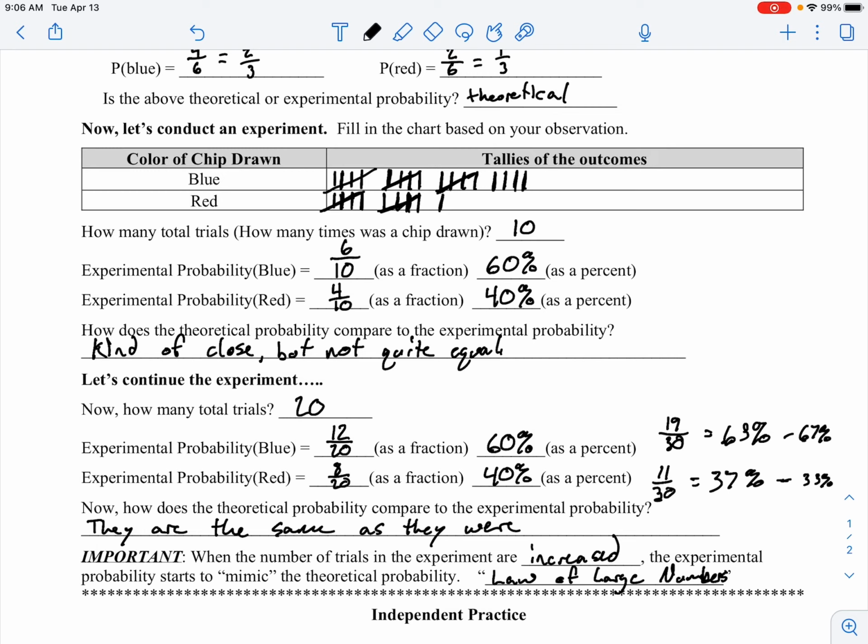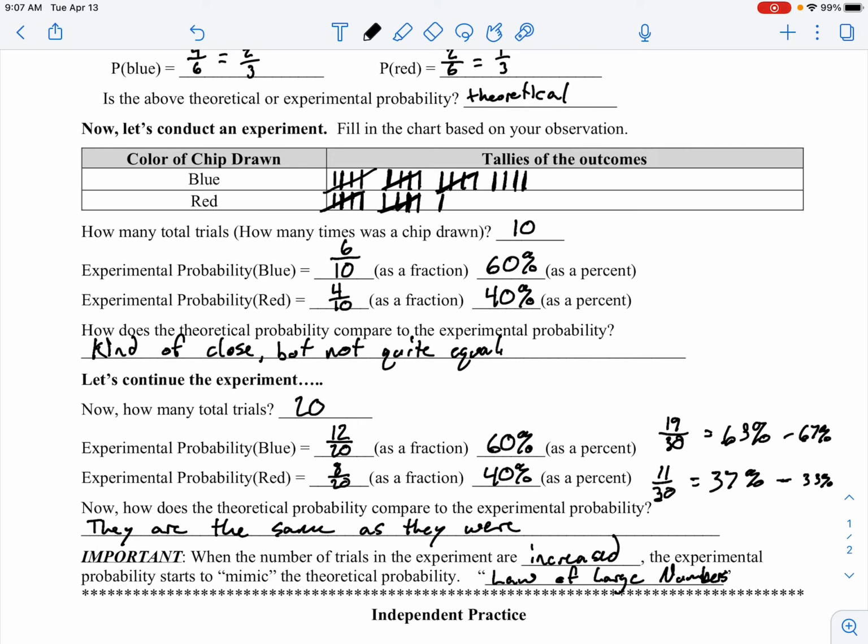Let's say you wanted to roll a 4, which we know the probability should be 1/6. So you would roll and roll and roll and record all the things you get, and then divide how many times you got a 4 by the total number of times you did the experiment, and that will give you the experimental probability.